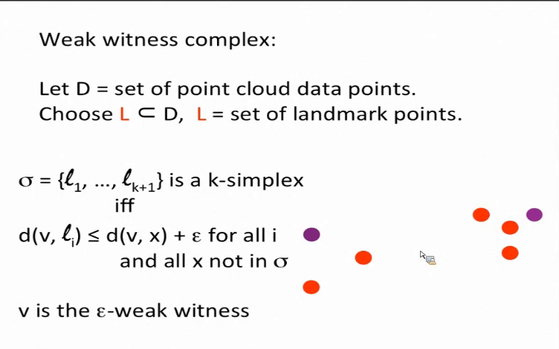If I throw in a point close by, then yes, this is the closest point, but if I grow via the epsilon balls, I just need to be less than this distance plus my epsilon, and eventually my epsilon ball will be close enough, so I will get this edge here if I grow my epsilon ball large enough. Okay. Any questions about weak witnesses?